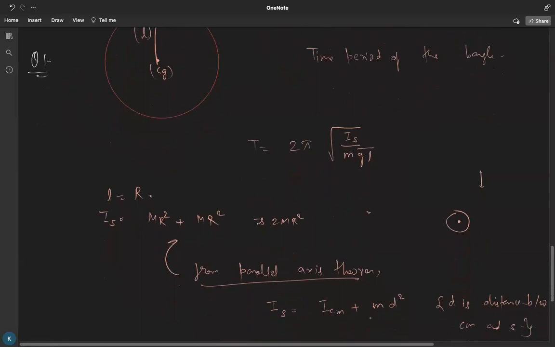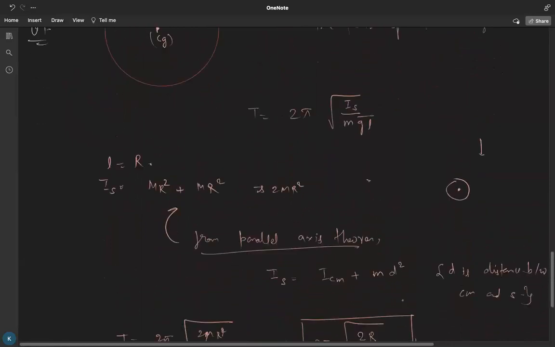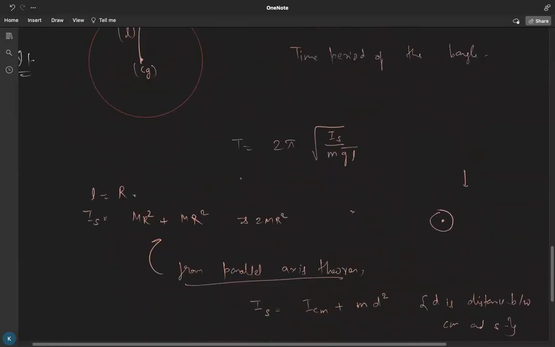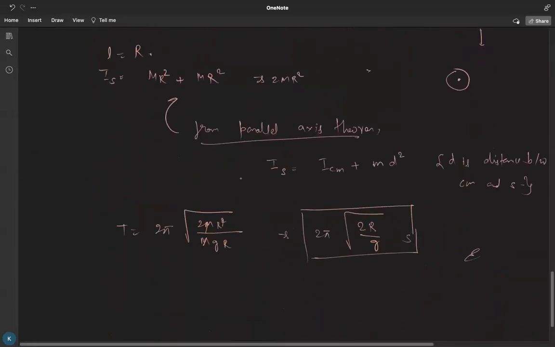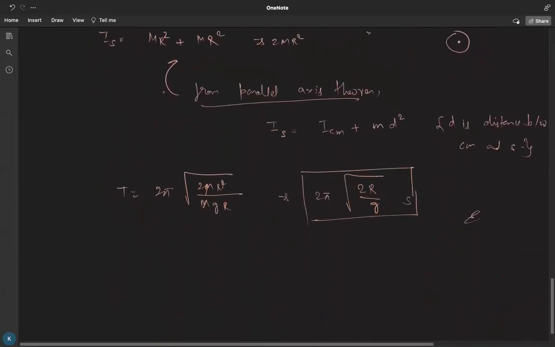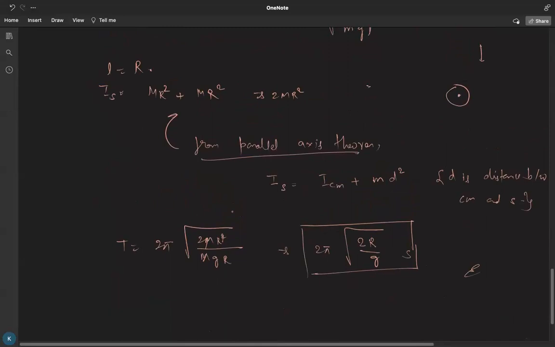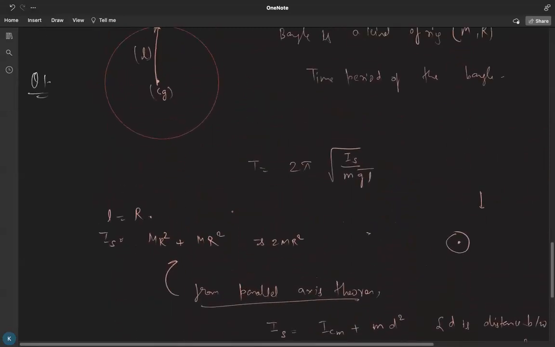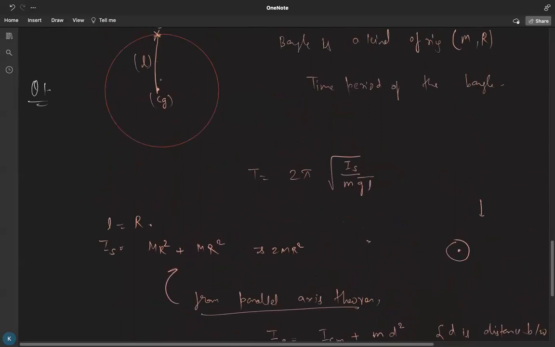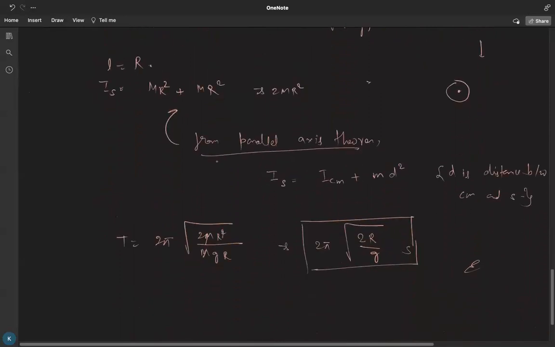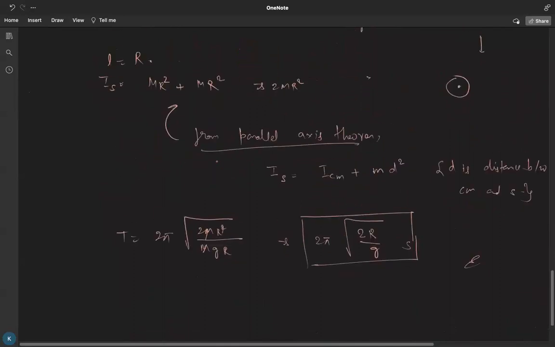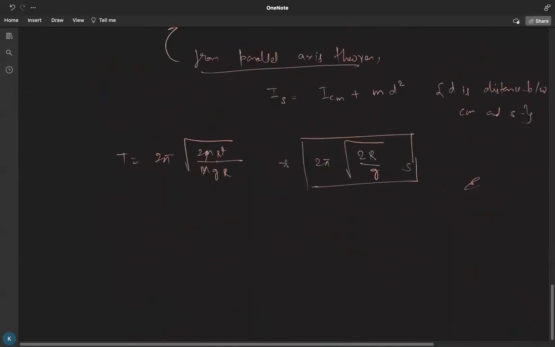In this case, our d is equal to r. So it will be mr square plus mr square, which is 2mr square. And we just put those values of L and I_S in the formula. So you have to basically find two things only, right? First thing is L and second thing is I about the suspension point. So I hope now it will be clear to all of you.